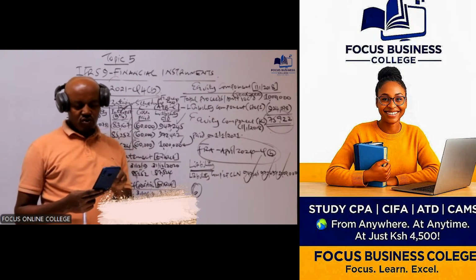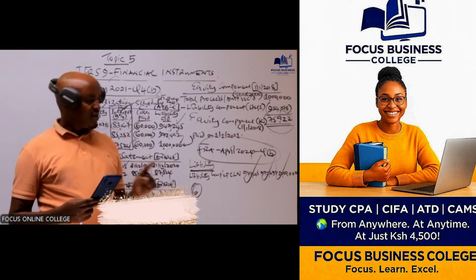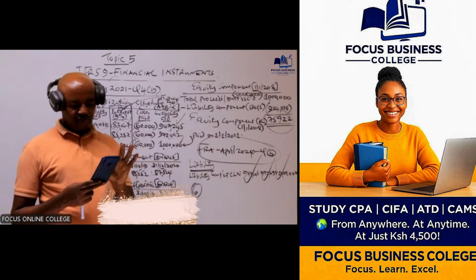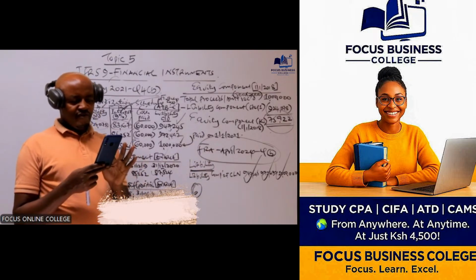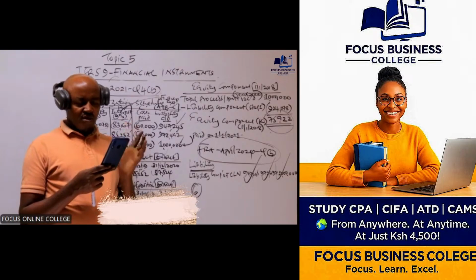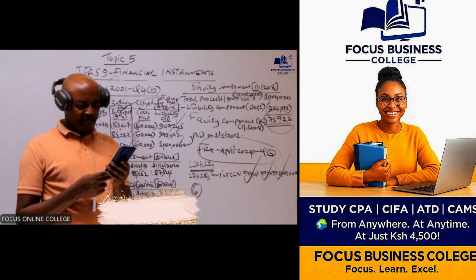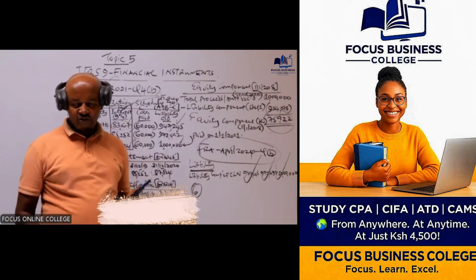If you go to that particular question, which I've already shared in the class WhatsApp group, in the requirement you are told to round off your answers to the nearest 1,000 of shillings.